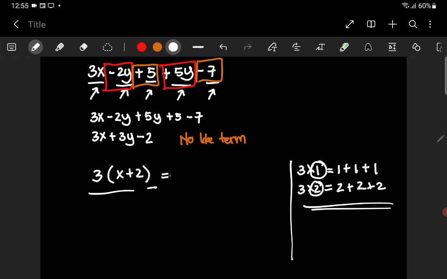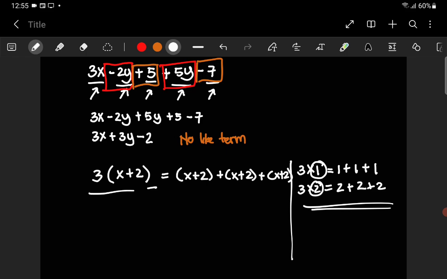So this one means I have 3 of x plus 2 and I total them up. Can you imagine this one in your mind? 3 times x plus 2. It means I have 3 of x plus 2 and then I total them up.